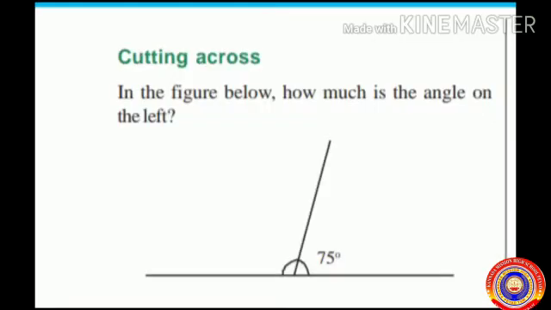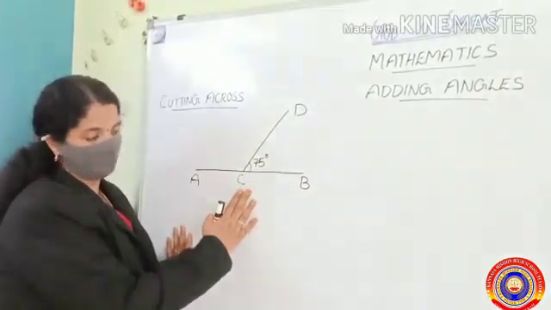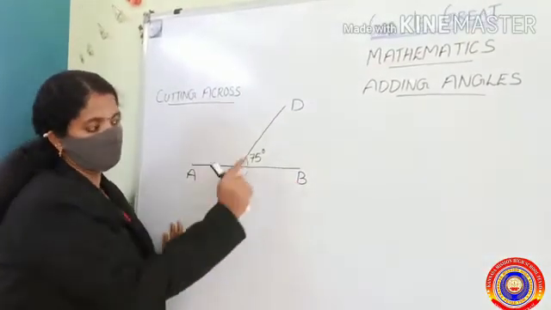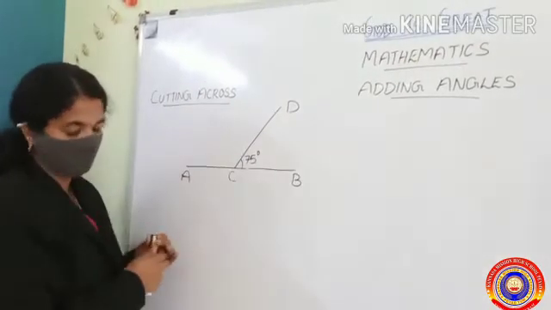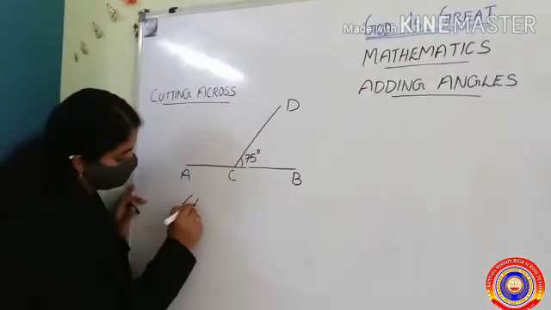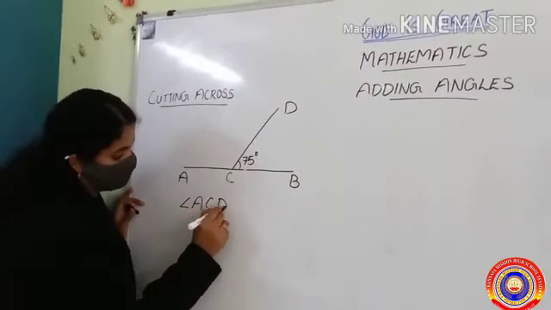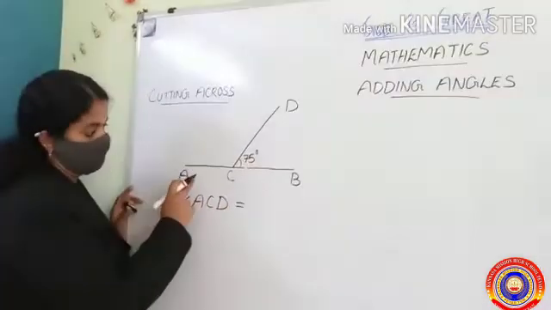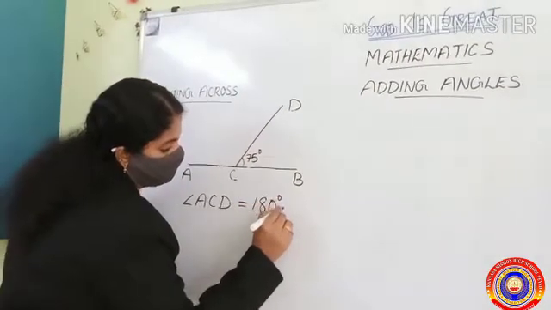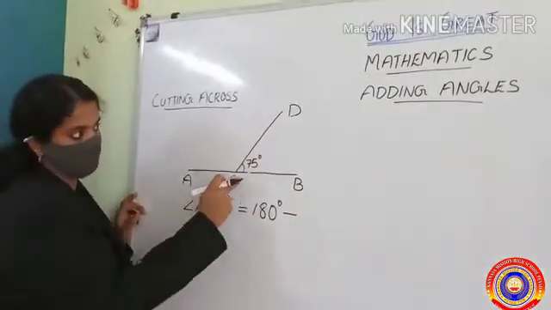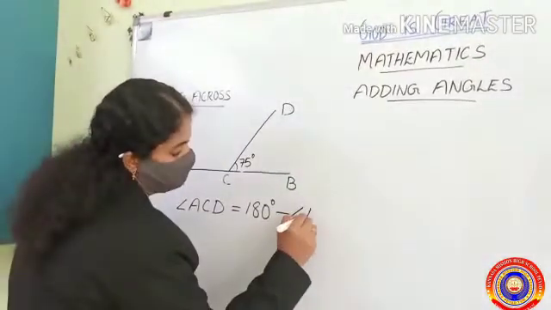Let's do the question in your textbook, page number 11. In this figure, only one angle is given as 75 degree, that is angle BCD is 75 degree. We want to find the angle ACD. So, angle ACD is equal to, we know that the total angle must be 180 degree, that is 180 degree minus angle BCD.